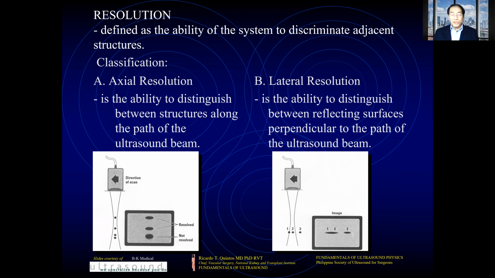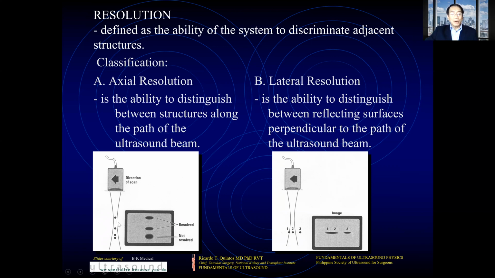Because if you cannot resolve them and the two structures are seen as one, then there is very poor resolution, and then you get a very blurry image. Beam anatomy has a lot to do with resolution.